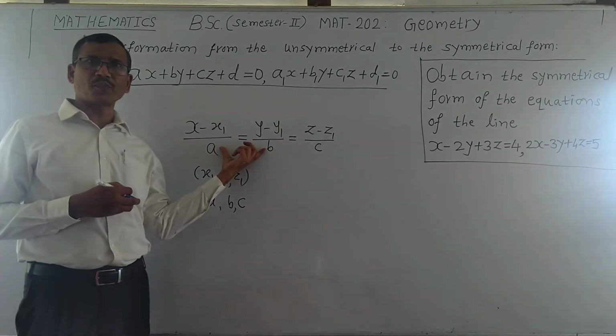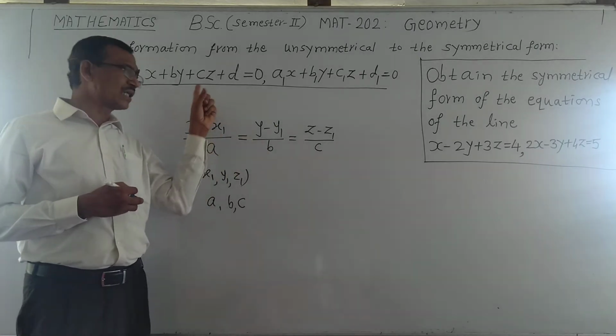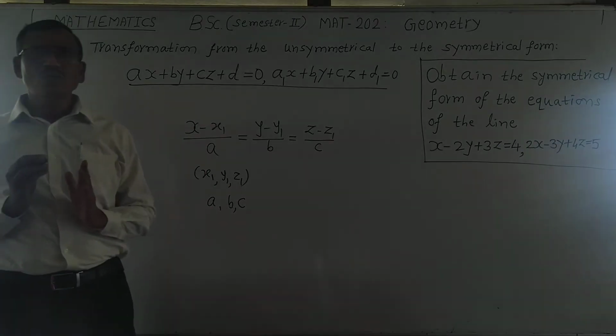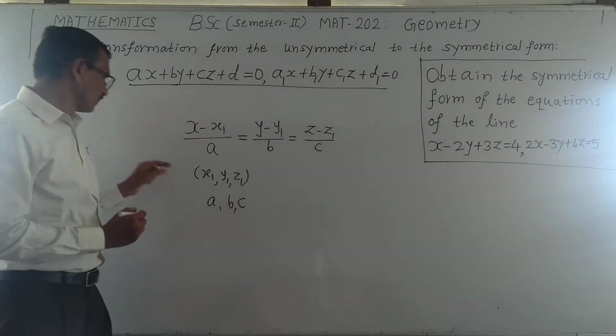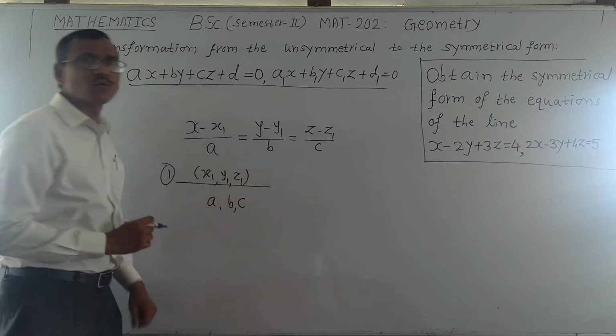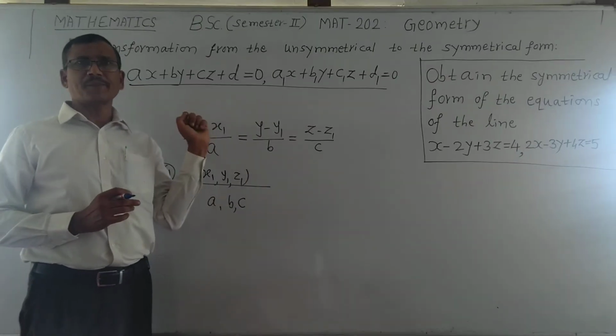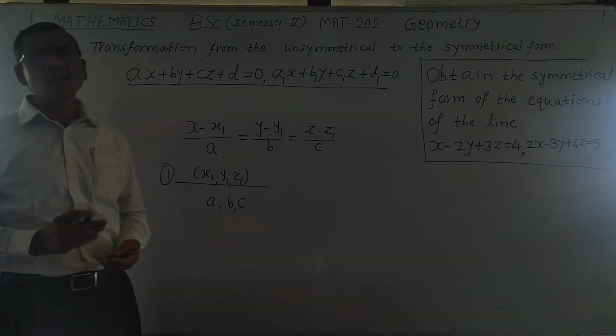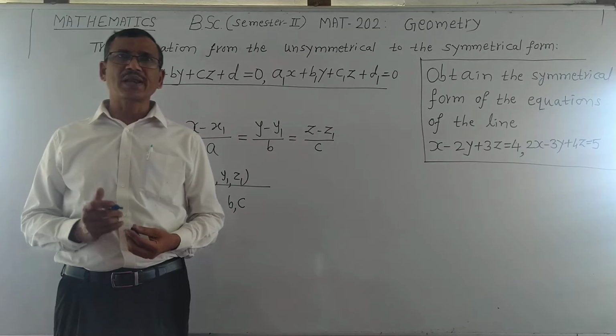For that we require two things: first, the coordinates of any one point which lies on the line, and second, the direction ratios or direction cosines of the line.